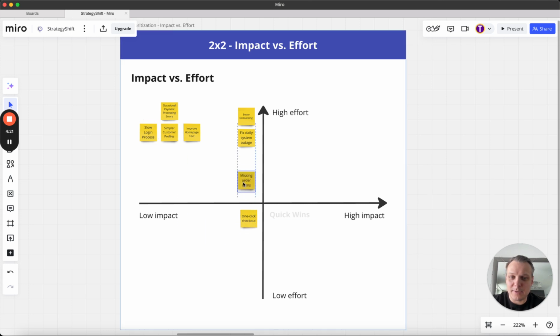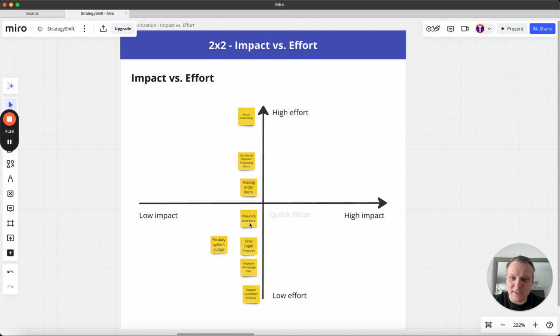Missing order items is here, and then slow login process, maybe it's here. Improving homepage text is very easy to do. Occasional payment system processing errors, maybe it's a little bit higher effort. Simpler customer profiles, maybe it's here. Maybe let's reverse a few things here. Maybe this is the order.